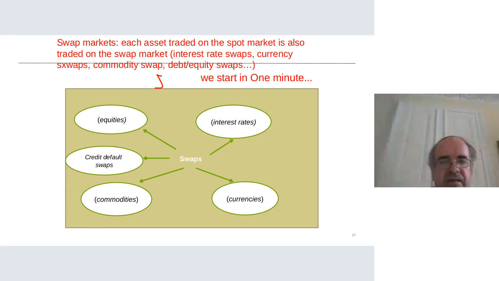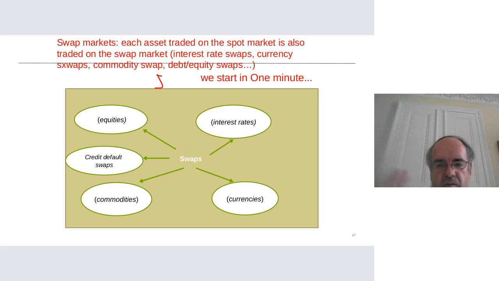It's essentially a company and a bank. And when you decide to exchange flows in the future, you make a swap. And depending on the flows you will exchange, you have different swaps. Let's begin with interest rate swap, IRS.